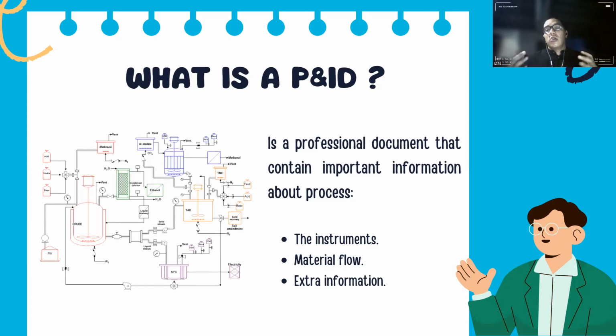Where does the material go? In special equipment, for example, if one pipe is an input, output, bypass, or return. And the last point is extra information about the process to understand the diagram better.